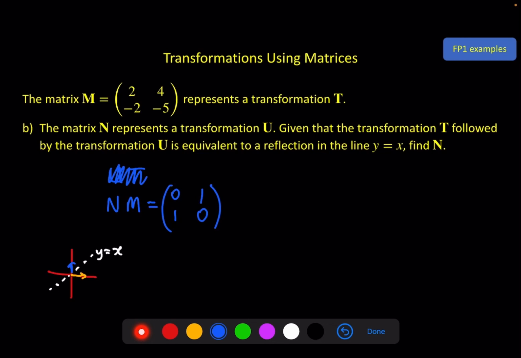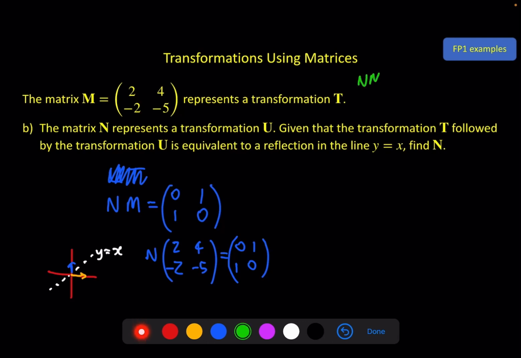So these two must combine to give this matrix. And I know what M is, so we've got N, the thing we don't know, times M, the thing we do know, must equal 0, 1, 1, 0. And here is where the simultaneous equations approach would be a bit more difficult, because N is going to have 4 unknowns, a, b, c, d, and that would be a much more complicated process to do. So let's stick with our matrices.